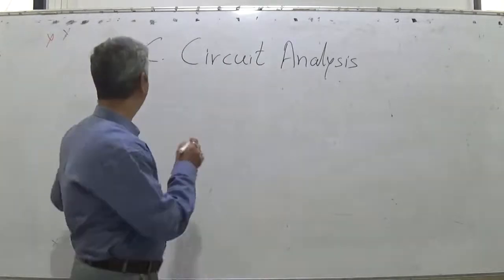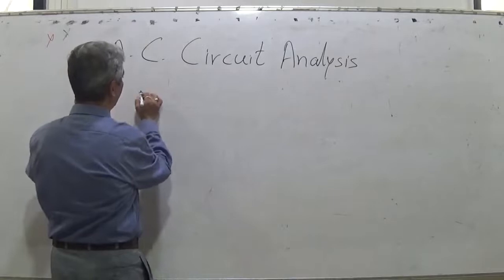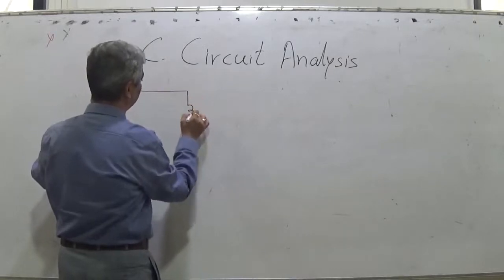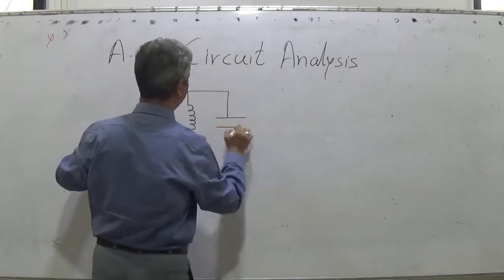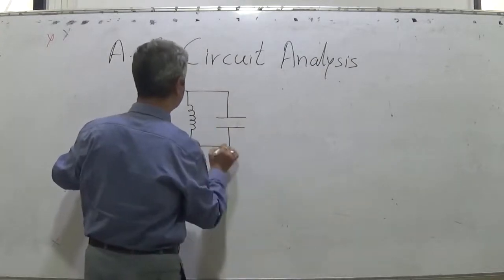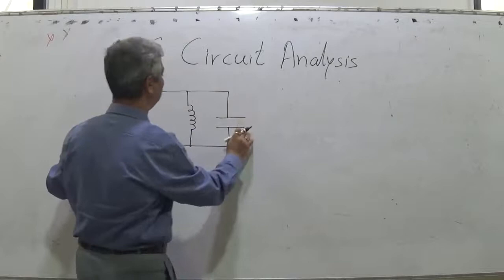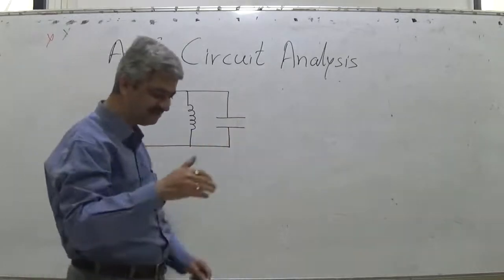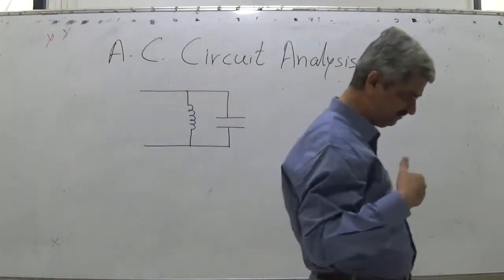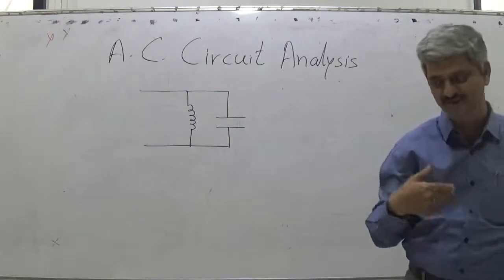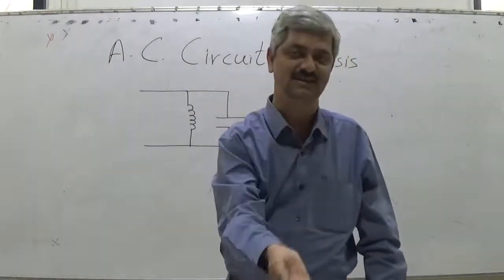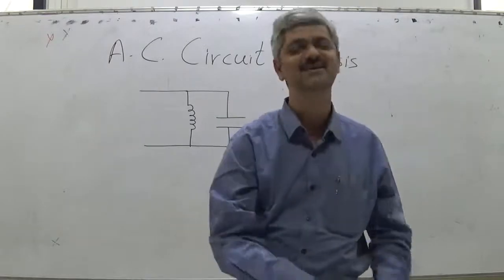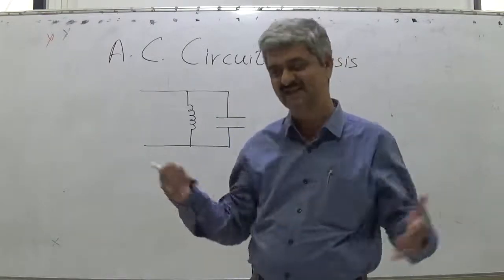So now if I have an inductor and a capacitor, if I connect like this, it's a very interesting phenomenon, and I want things should come from within yourself, instead of me telling something.